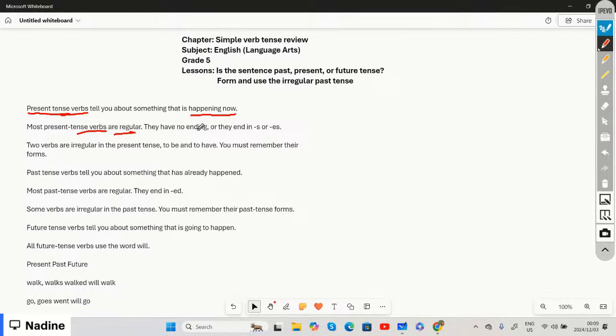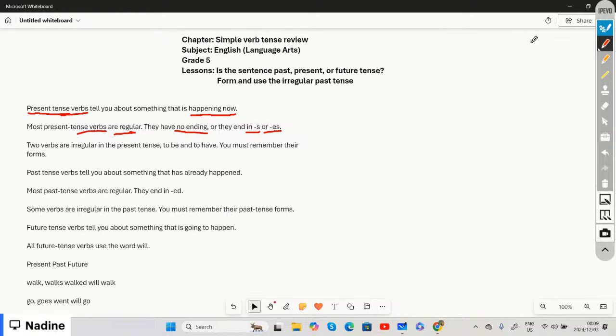Our regular verb tenses have no special ending, and they end in s or es. So when it comes to our regular verb tenses, they have no ending other than s or es.